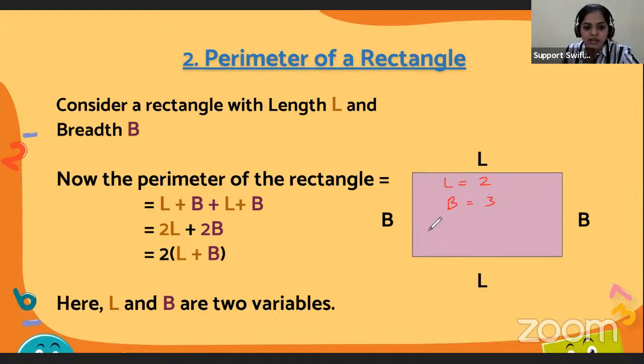Now anyone wants to try this one? What will be the value of this perimeter? The perimeter of this rectangle having length 2 and breadth 3. We have a generalized formula for the perimeter of a rectangle as 2 times (L plus B).